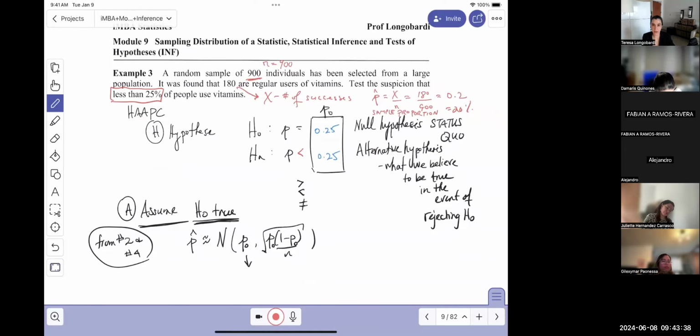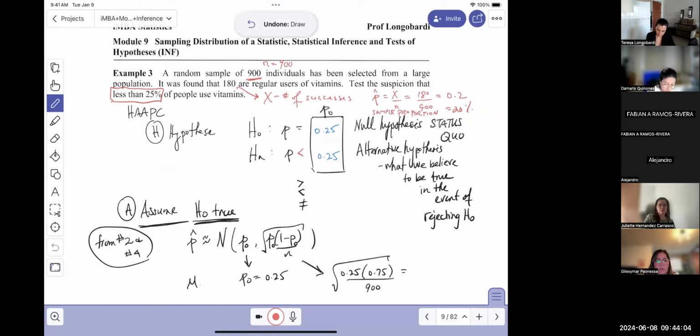So P0 is 0.25. Then the standard deviation is going to be the square root of 0.25 times 0.75 divided by N. What's N again? 900. So get this number. This is the mean of P hat. This is the standard deviation.